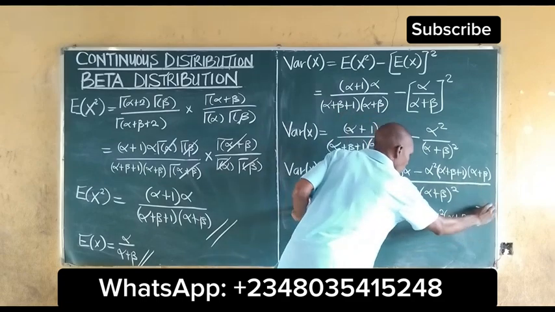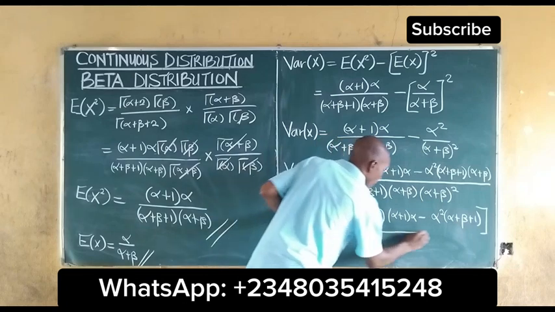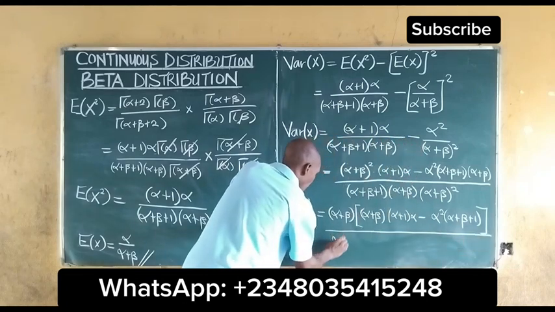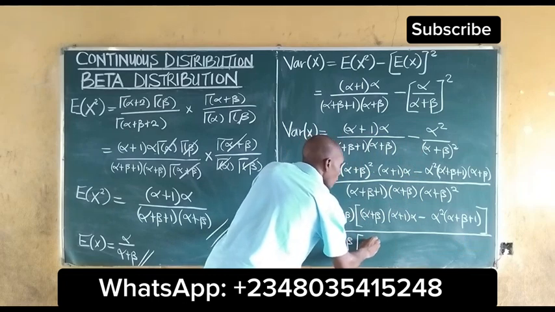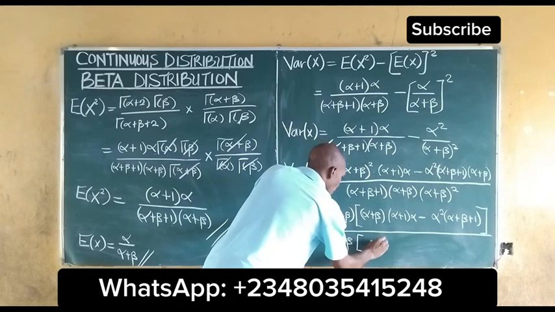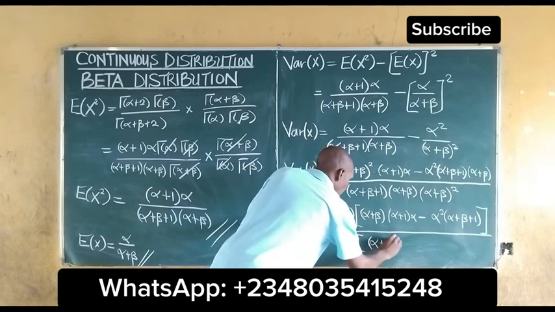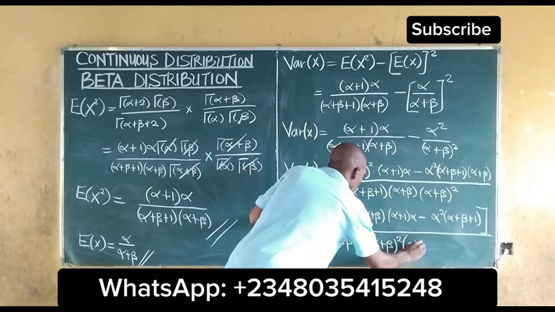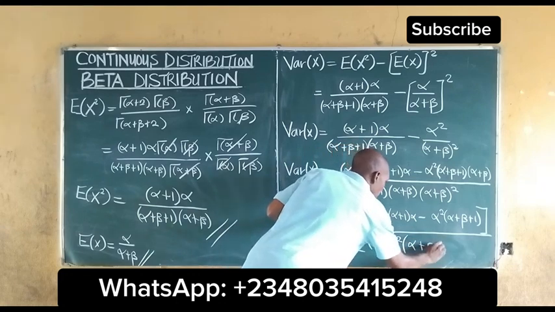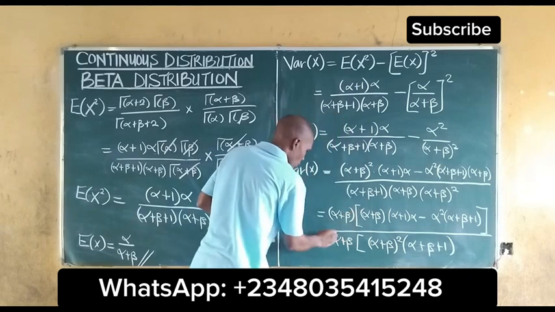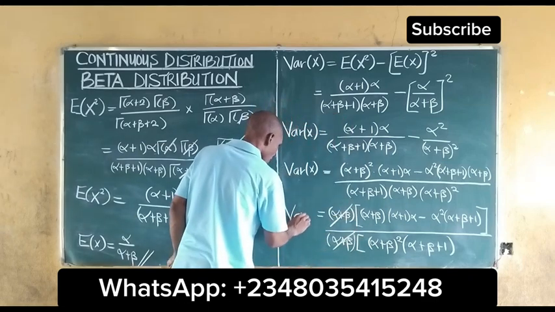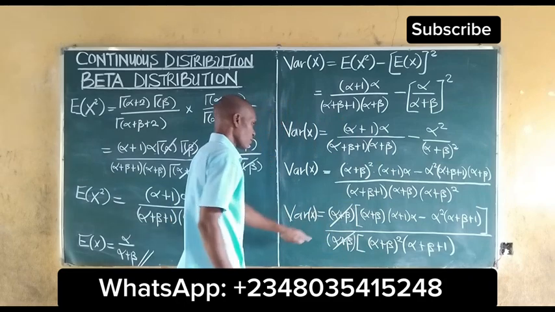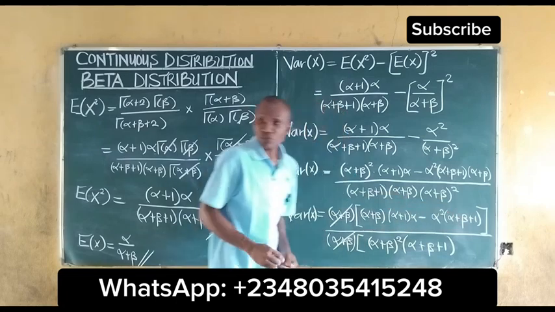This will come all over alpha plus beta into alpha plus beta squared into alpha plus beta plus 1. So this will cancel this. We'll now be left with the whole of this function.